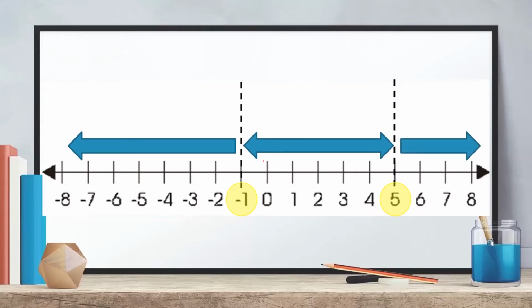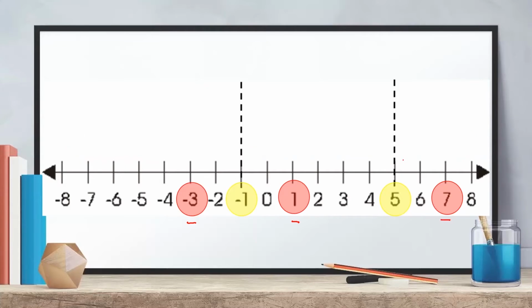From these intervals, get a testing point. For example, in this interval, we will be getting negative 3. In the second interval, we will have 1. And for the third interval, we will have 7.